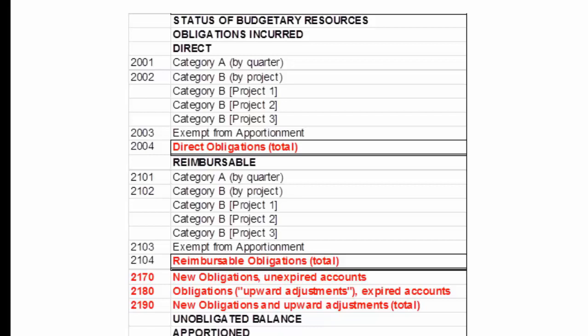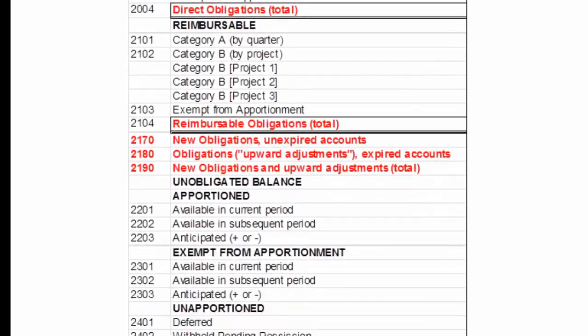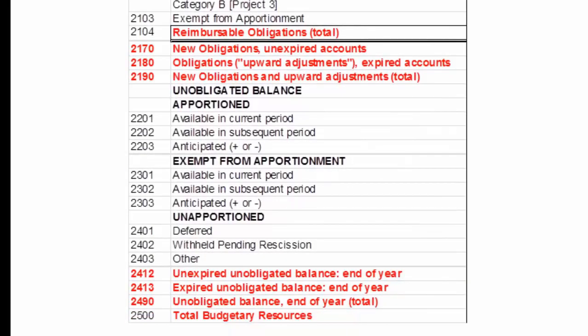Now, let's focus on the unobligated balance. The SF133 not only reports on what has been obligated, but also reports on what has not. This is the only way we can be sure that all the resources have been accounted for. Remember our equation.